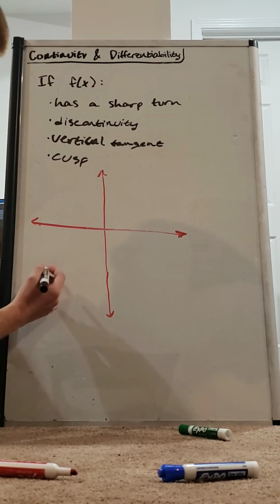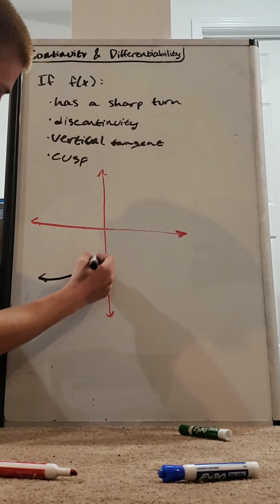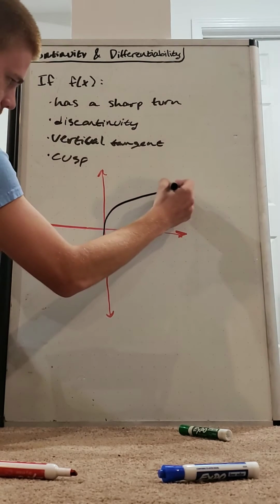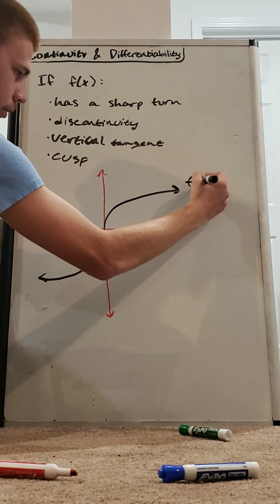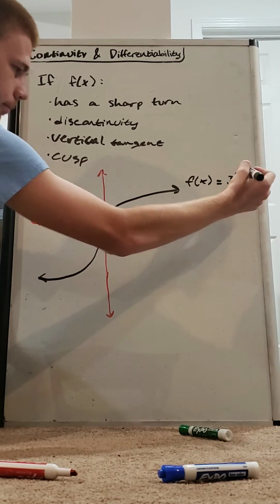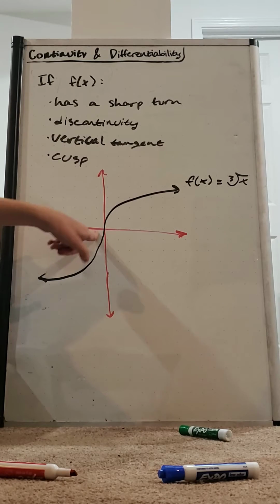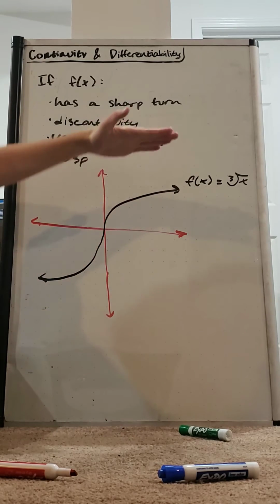Here I'll do f of x equals the cubed root of x. You can see that this function at x equals 0 has a vertical tangency.